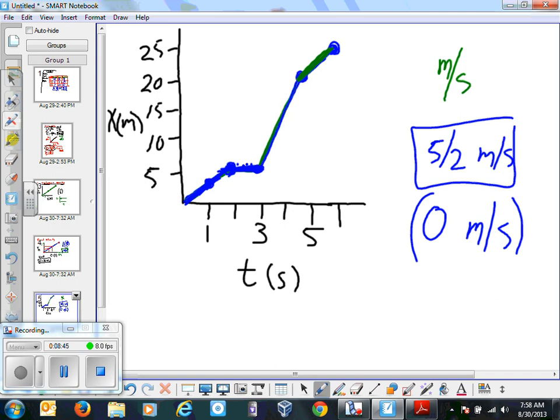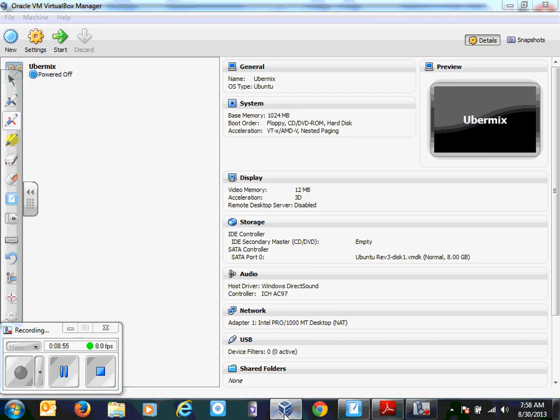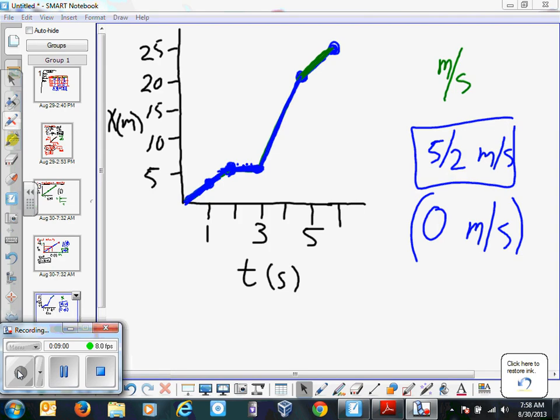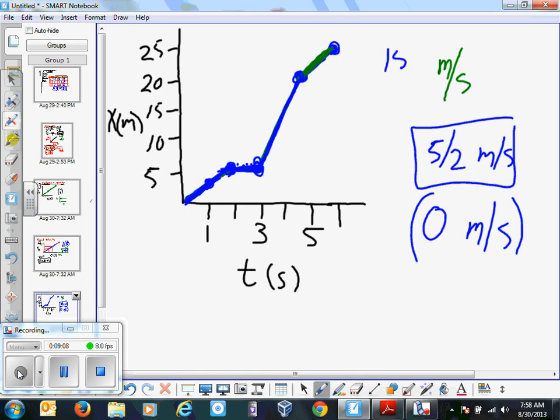Now here you can see the slope is going to be greater, and that slope looks like it's going to be 20 over, well, that's not 20, is it? That's 15, right? Because we start at 5 and we end at 20. So 20 minus 5 is going to be 15 meters. That takes 1 second.